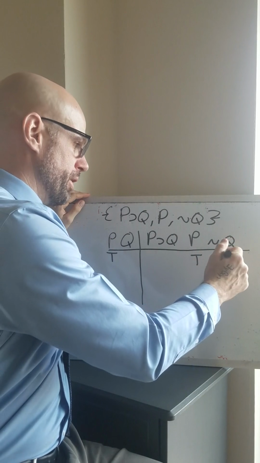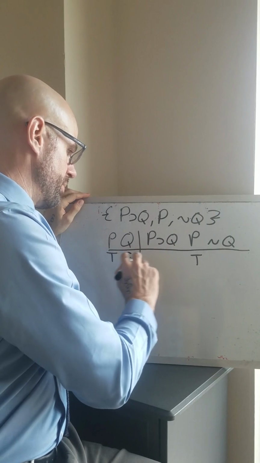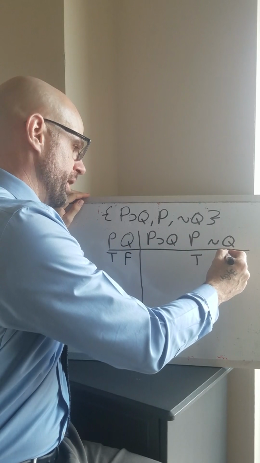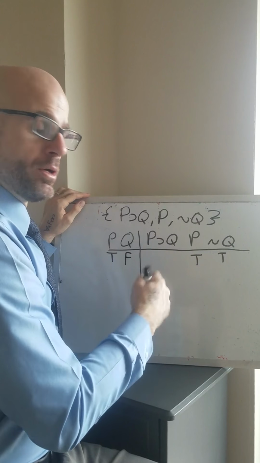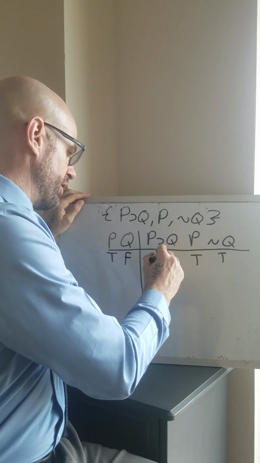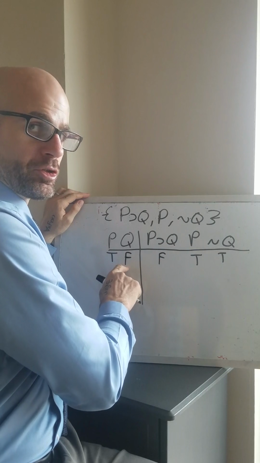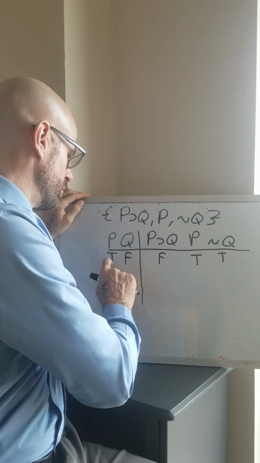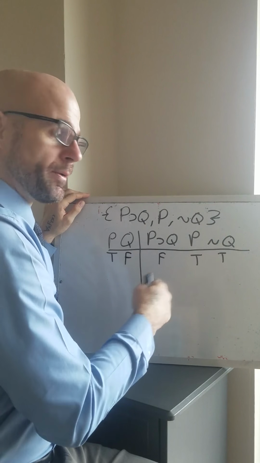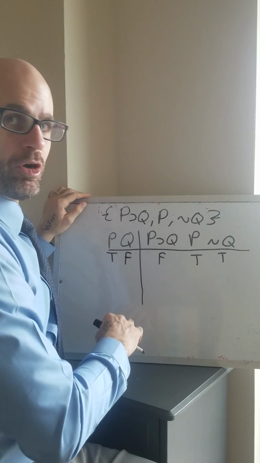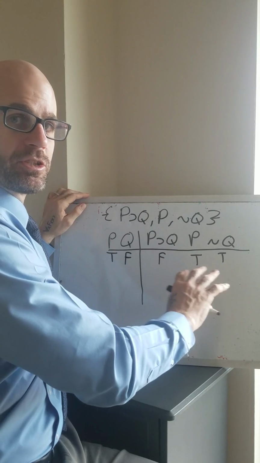It's only true when Q is false, so we make Q false to make this true. Now what about P therefore Q? Well, that's false if these are true. But to make these true, P has got to be true and Q's got to be false. So this has to be false. It looks like there's no way we can make this consistent.